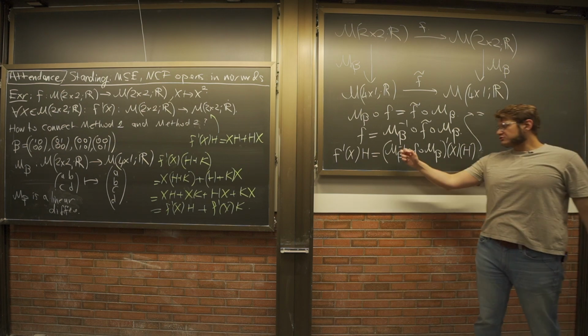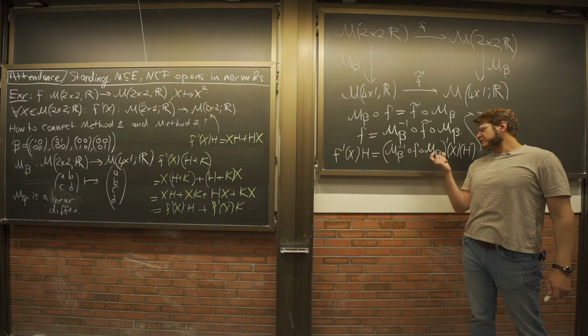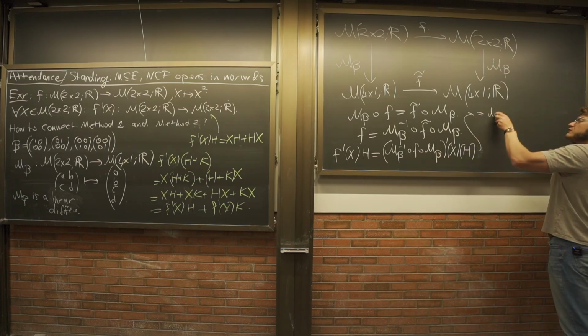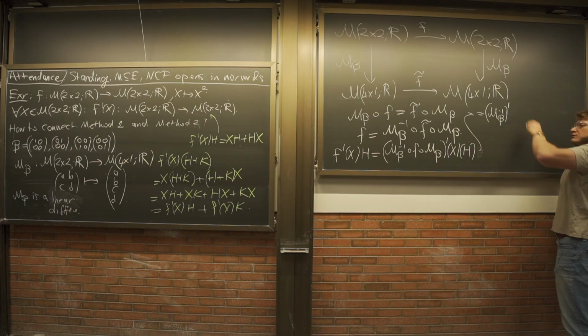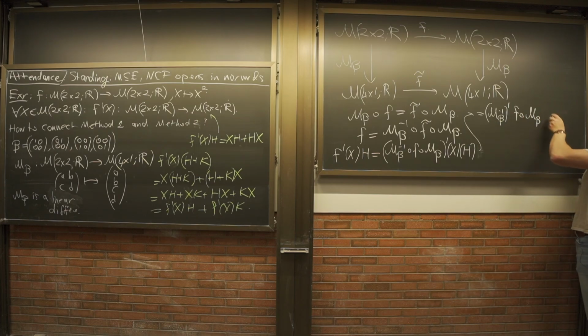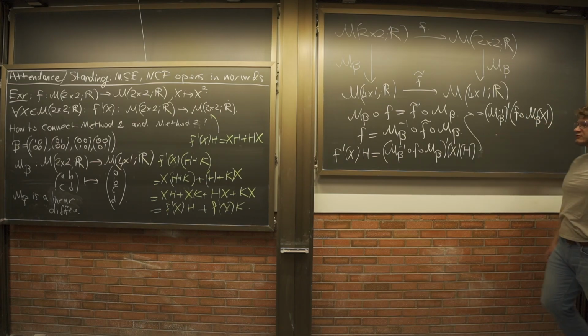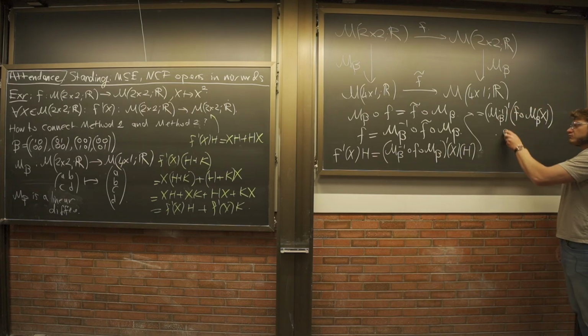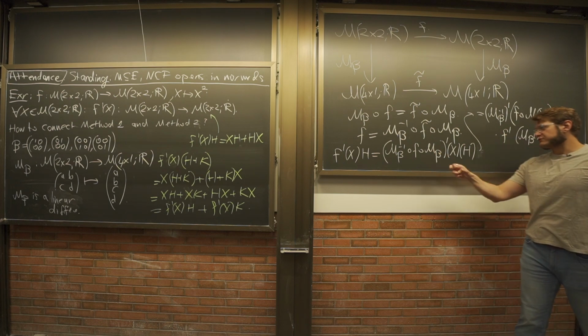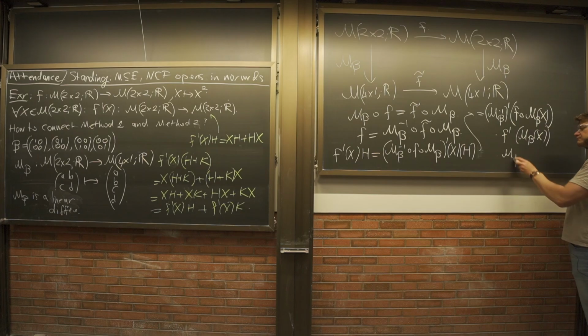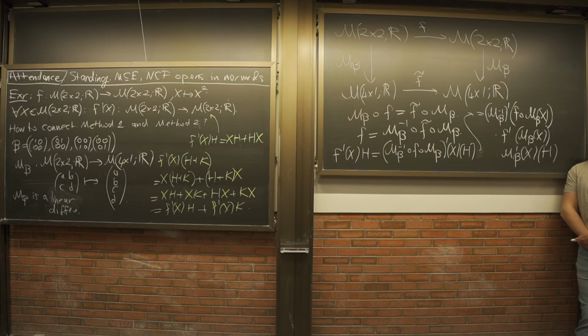This is equal to derivative of this evaluated at this times derivative of this evaluated at this, and then derivative of this times derivative of this evaluated at this, times derivative of this at this. I'm just applying the chain rule multiple times. Are we happy with this so far?